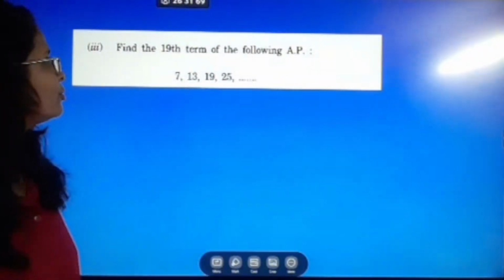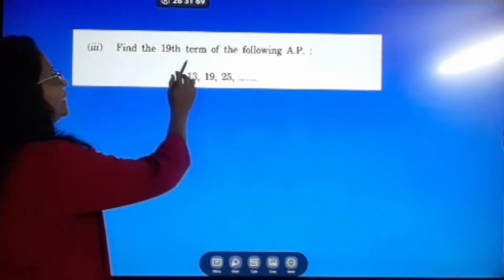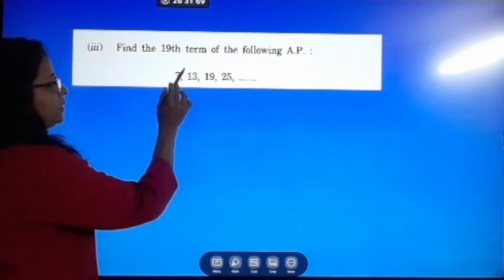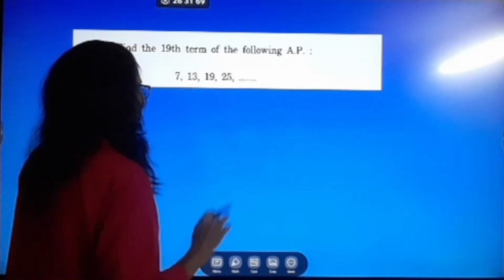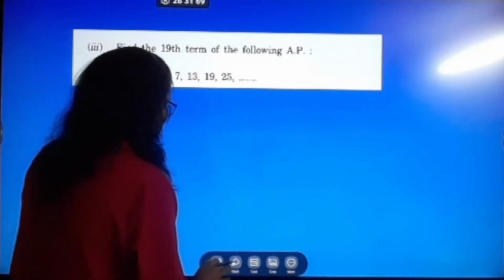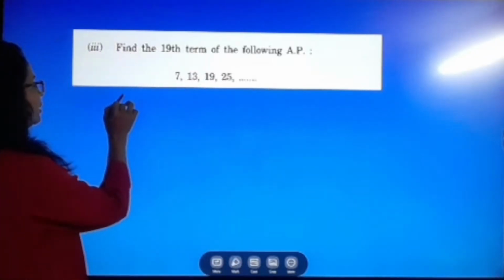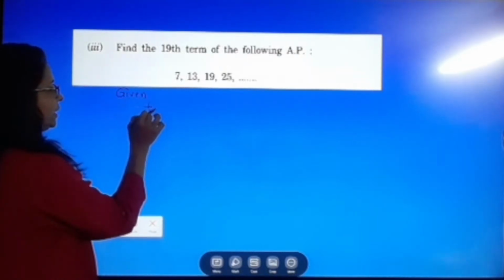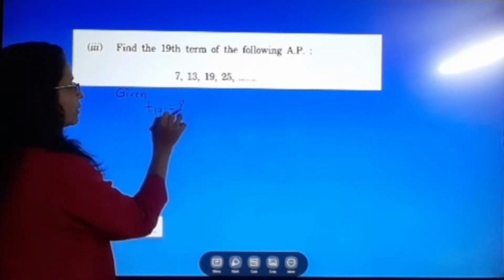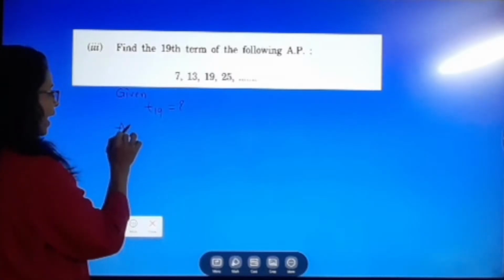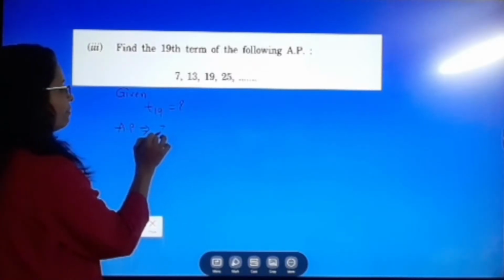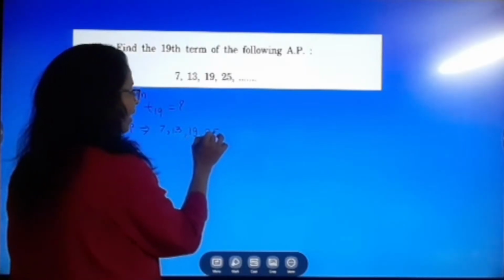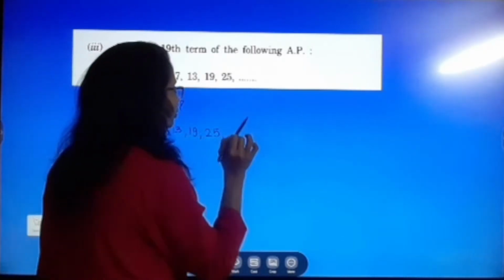Next one is that students, find the 98th term of the following AP: 7, 13, 19, 25, and so on. So I write that given, in the given, that T19 is equal to question mark and the AP is 7, 13, 19, 25, and so on.